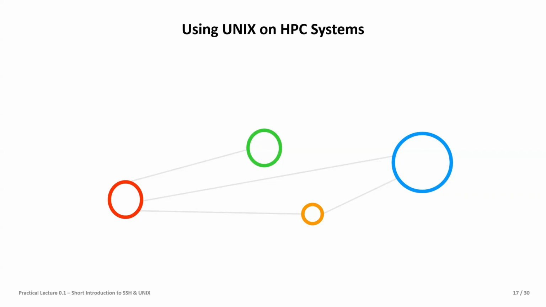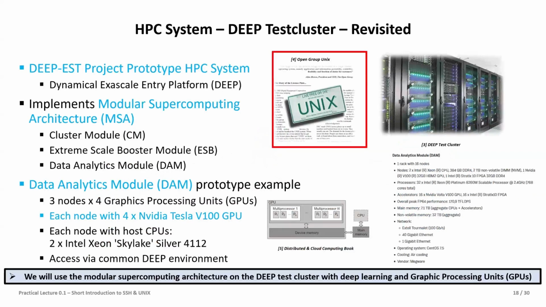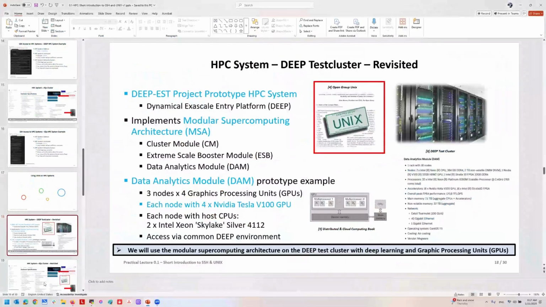So in this sense, these systems, what we demonstrate here in this practical lecture, let us come then also to the first one we had, the DEEP test cluster. It is of course a demonstrator, but it also carries the essence of all other systems you have in HPC.